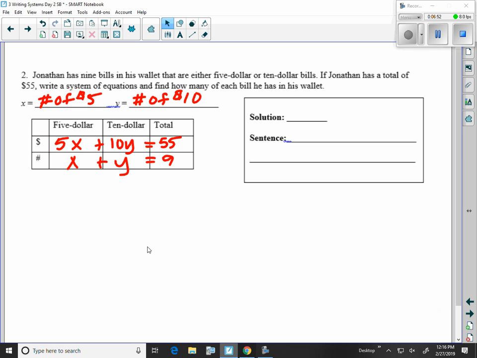So that is our solution. Okay, and I want you to think about and write down what sentence would represent this situation. 7, 2. Okay, don't say it out loud. I want you to write it down and see if you can get a good sentence.